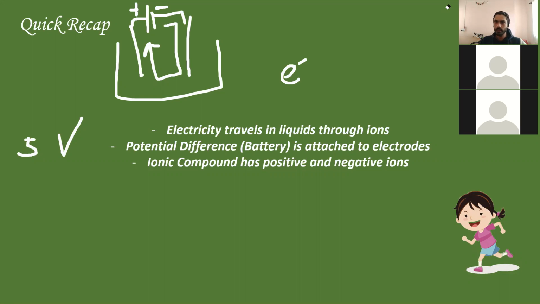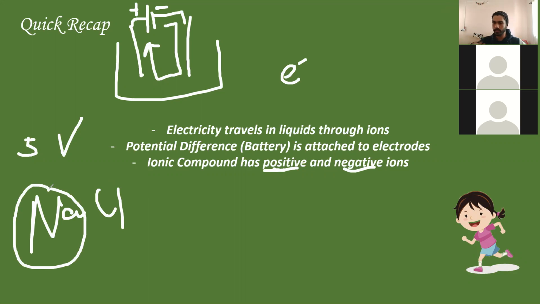So what does it mean? It means that whenever we have seen an ionic compound, for example NaCl, there are always positive and negative ions. In NaCl, meaning common salt which we eat, Na is positive and Cl is negative. In H2O, which is water, H is the positive one and OH is negative.